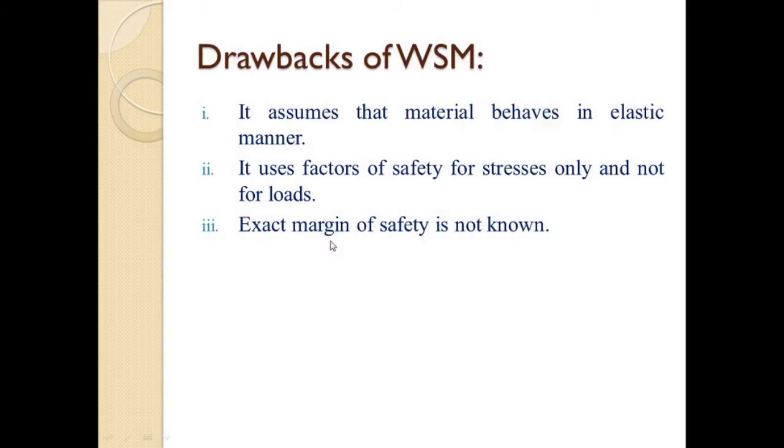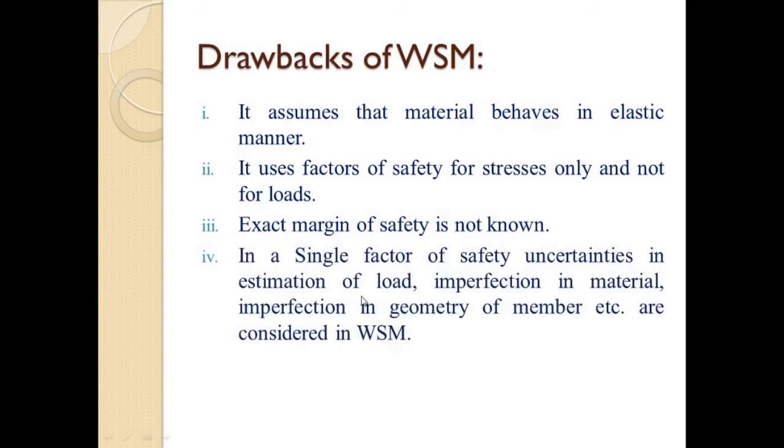Therefore, the exact margin of safety is not known. Fourth one, in a single factor of safety, as we discussed earlier, the uncertainties like the estimation of load, possibility of occurrence of higher design loads, or material imperfection or geometrical imperfections are considered.